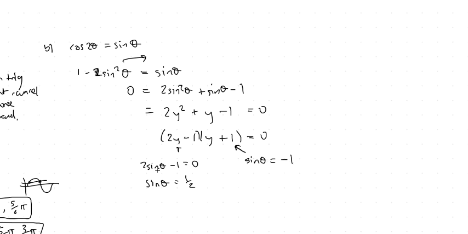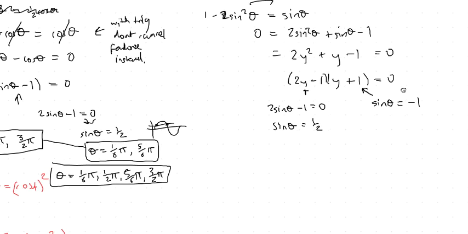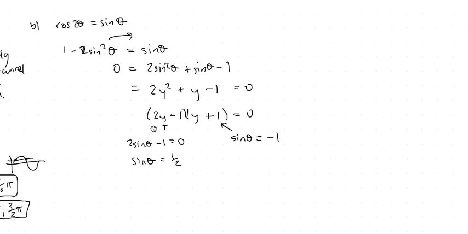Sine theta equals a half. Didn't we just do that earlier? I think we did. Sine theta is a half. We came up with 1/6 pi and 5/6 pi. So let's just use that here.